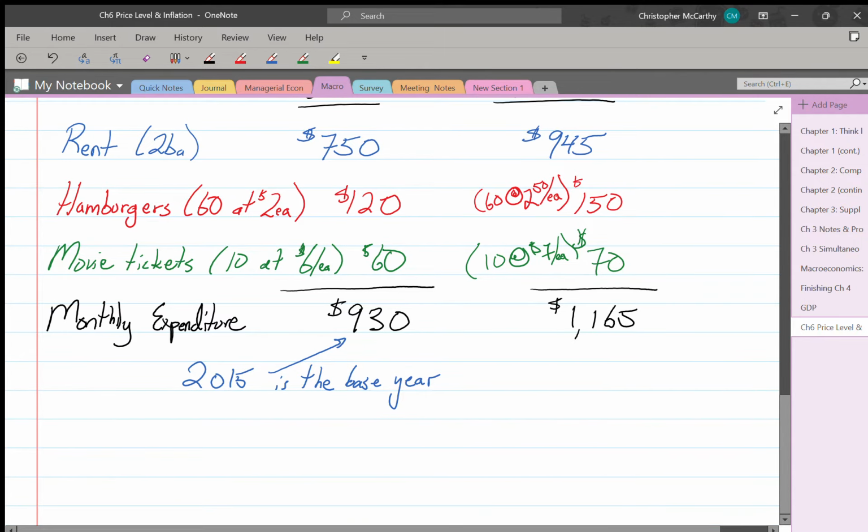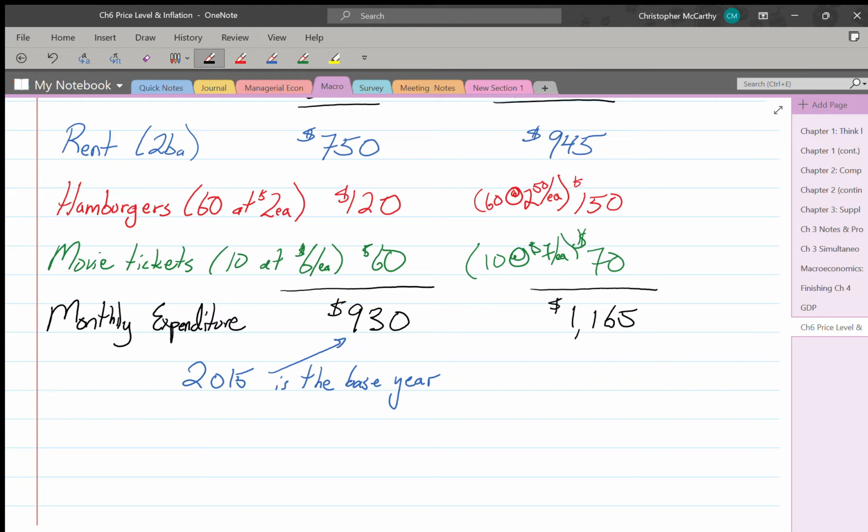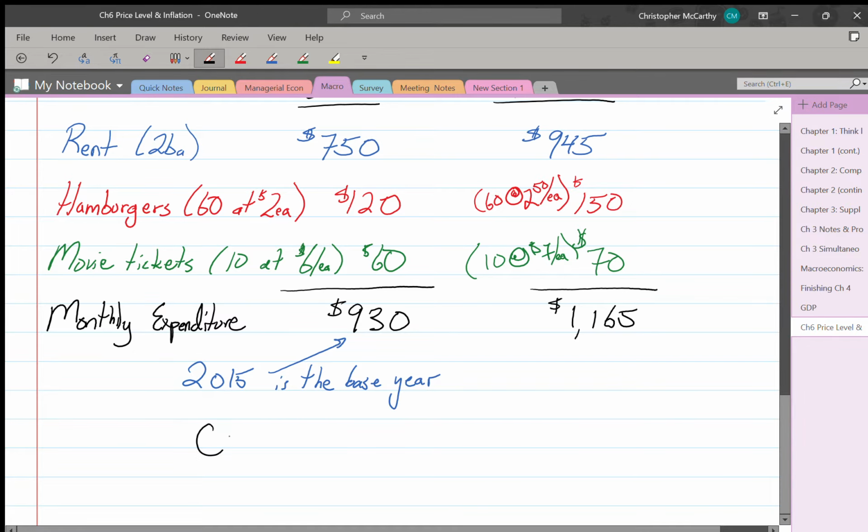And so we would figure out the CPI for 2020 would be equal to whatever that new amount is, 1,165, divided by the base year, 930, and then multiply this whole thing by 100.